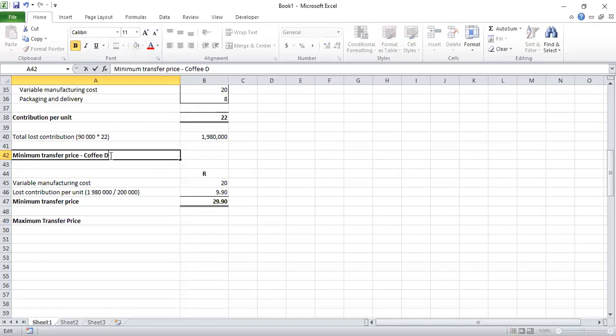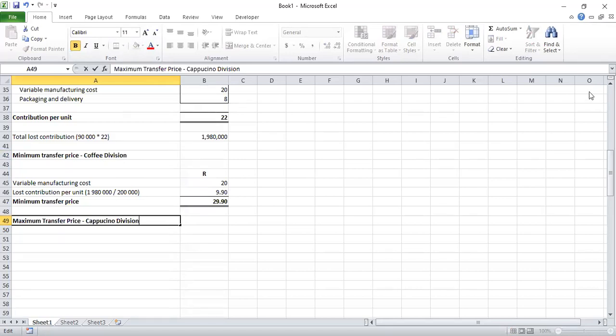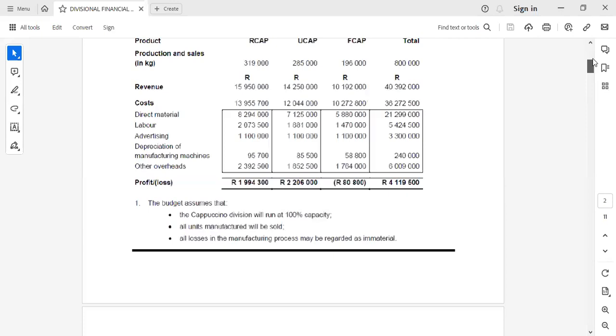Then the maximum transfer price is determined by the buying division, which is the cappuccino division. Now the maximum transfer price is the price that the cappuccino division pays, buying from their own outside supplier, which is 40 Rand. Yes, but it includes all the costs. So it's 40 Rand. There was also another 3 Rand, I think, for procurement.